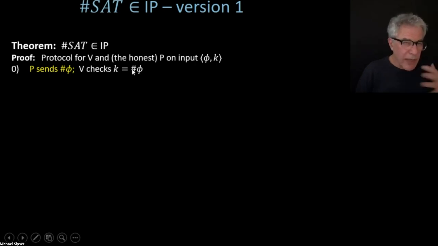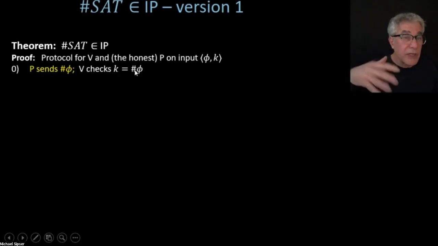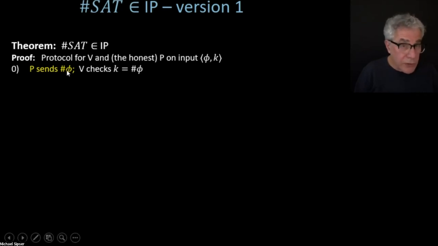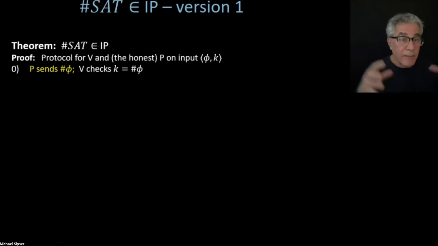So that's why we have to have the big enough field there so that we can represent numbers up to the number of potential satisfying assignments, but that's a side note. But anyway, P sends, this is exactly what we did before, no change. The number of satisfying assignments, if you like. Now let's remember, and this is one of those cases where not having a big blackboard hampers us.